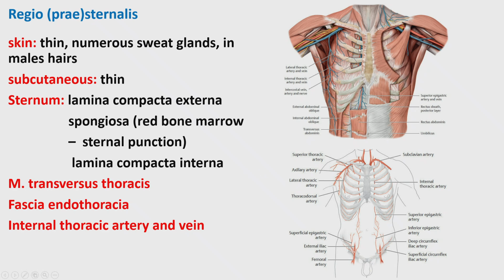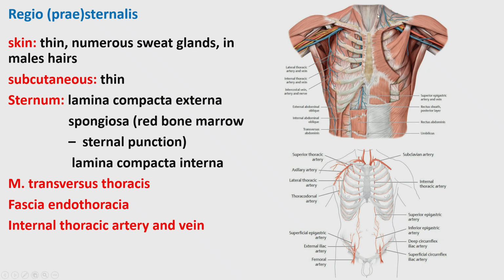So this is just one. Then when you remove the sternum, behind the sternum there is a very small muscle which is called musculus transversus thoracis. And then you will reach again the endothoracic fascia, and if you open this endothoracic fascia, you will reach the deeper structure of the thoracic cavity, which is the mediastinum.